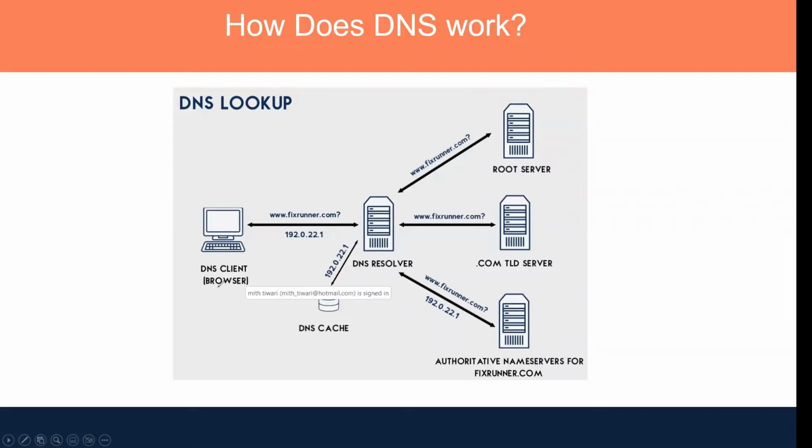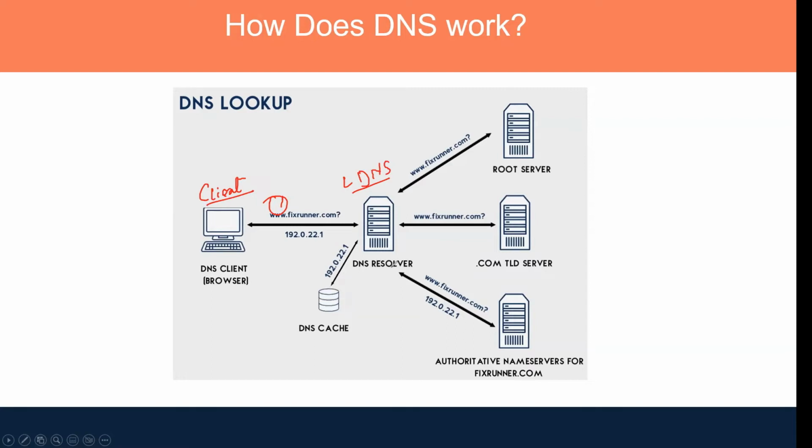You can see here that this is a client which wants to access fixrunner.com, the website. This is the first step, where the client sends a request to the local DNS server to know whether it has any IP for fixrunner.com or not.